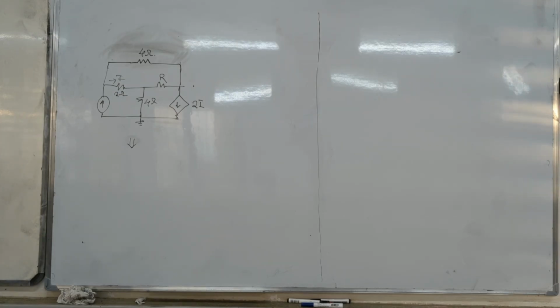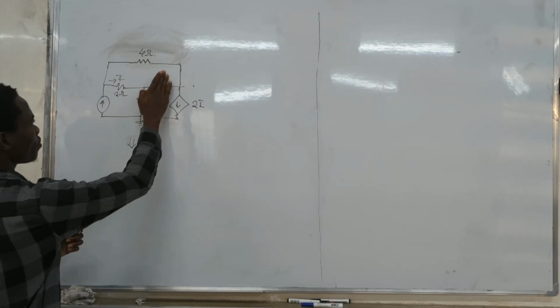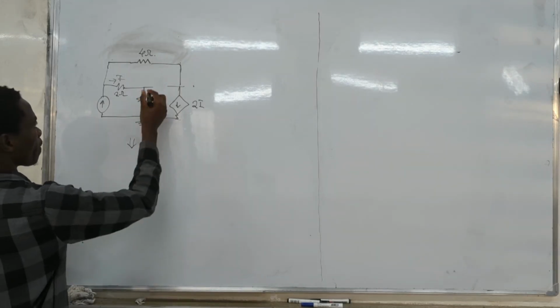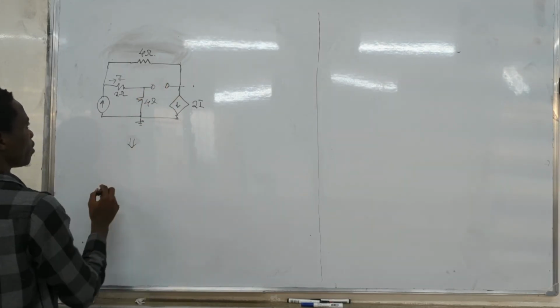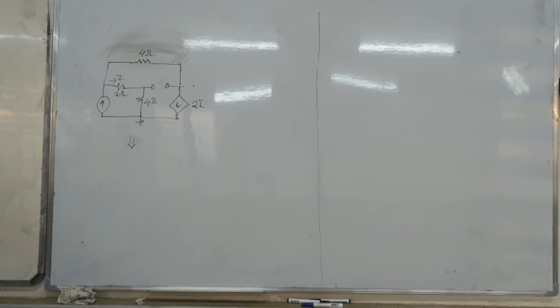It's now simpler. We can do Thevenin to get the Thevenin resistance. Step number 2 is what? We are finding the Thevenin. So we will remove this and do what to the sources?